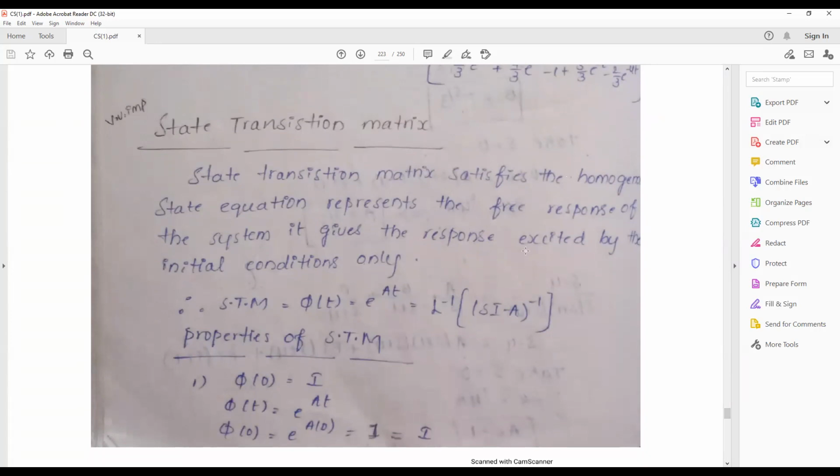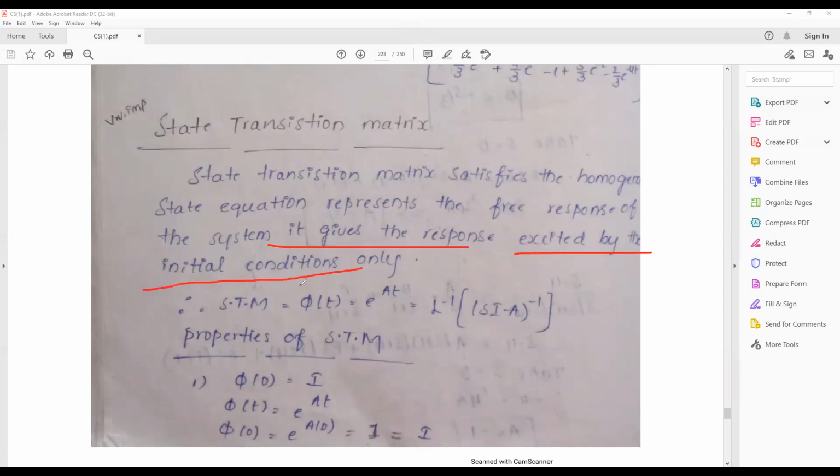It gives the response excited by the initial conditions only. Okay, so the state transition matrix satisfies the homogeneous state equation, represents the free response of the system. It gives the response excited by the initial conditions only.